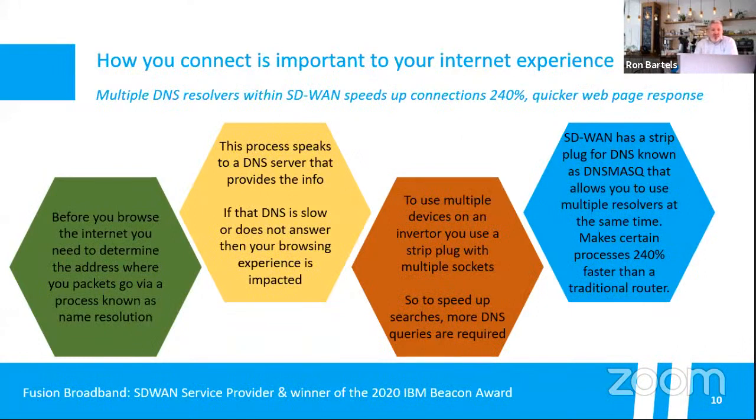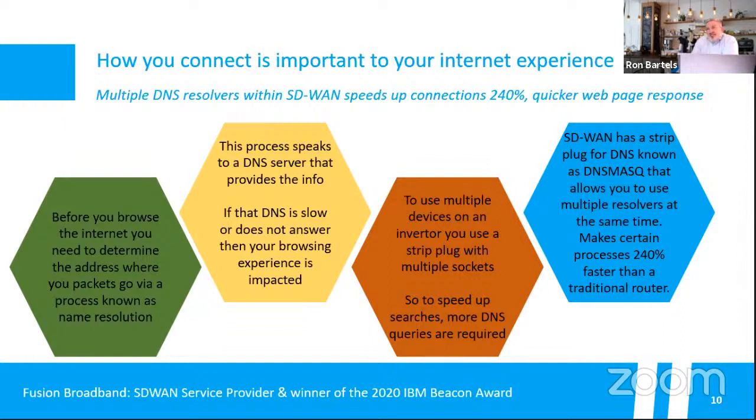So why is it important to improve your internet experience? It's not only about having multiple connections. One of the important services that you utilize before you actually connect to the internet is something called name resolution. So for example, if you are going to Facebook, the internet doesn't work on names.